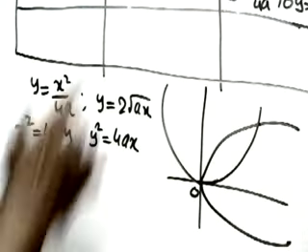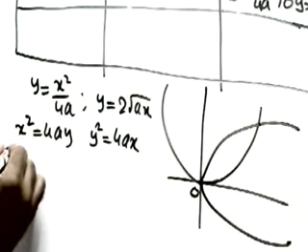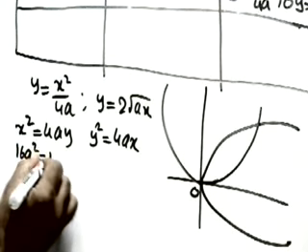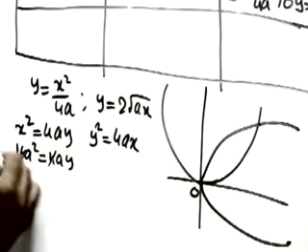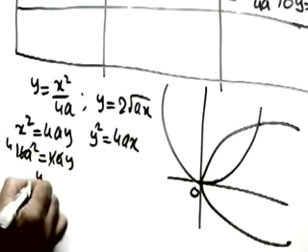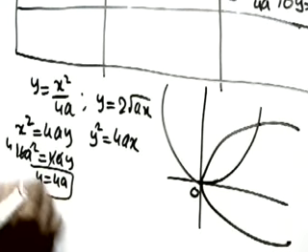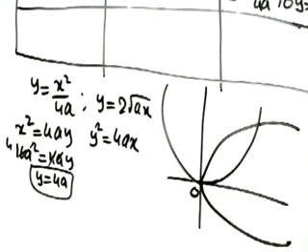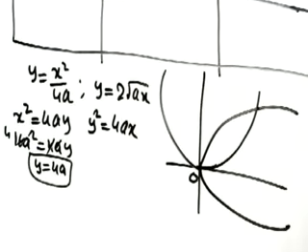If you keep x equals 4a, you will get 16a square equals 4ay. The 4s cancel, so we can write y equals 4a. So x equals 4a and y equals 4a, or else you solve and you will get the same values.